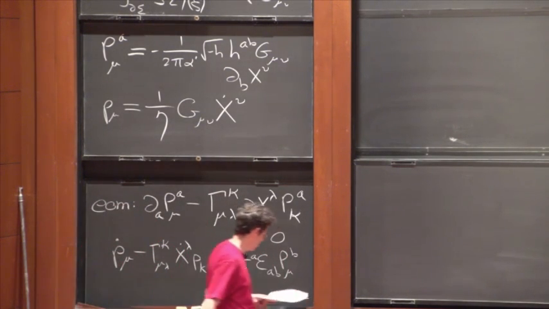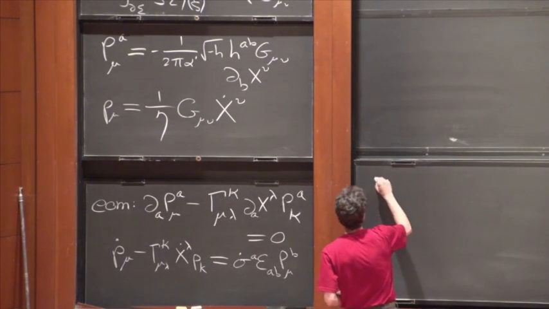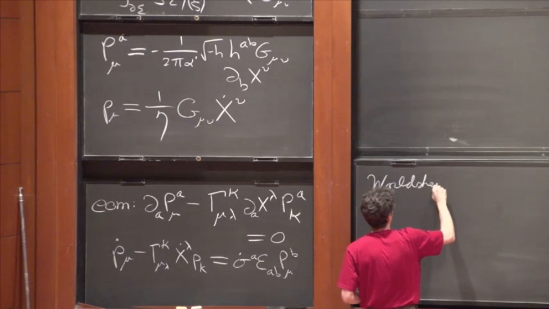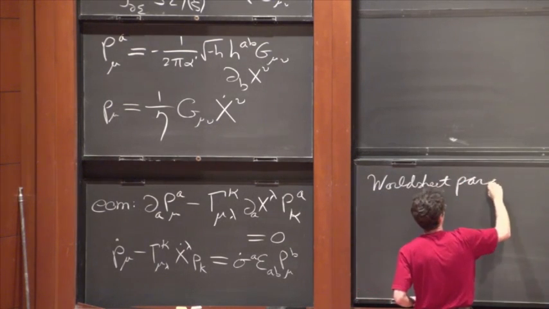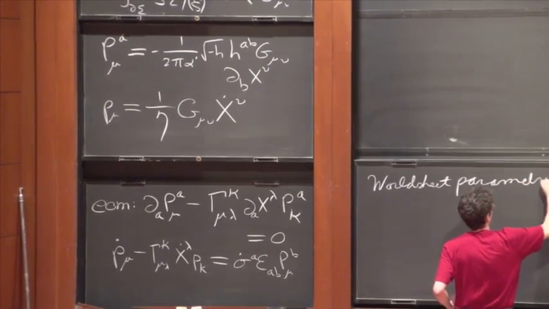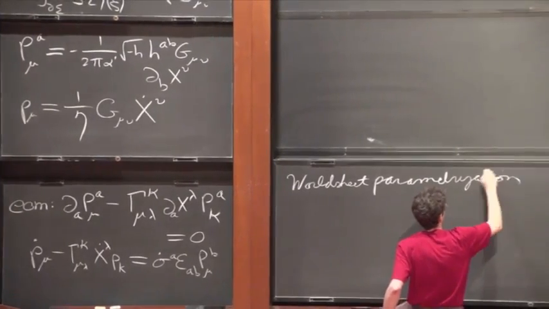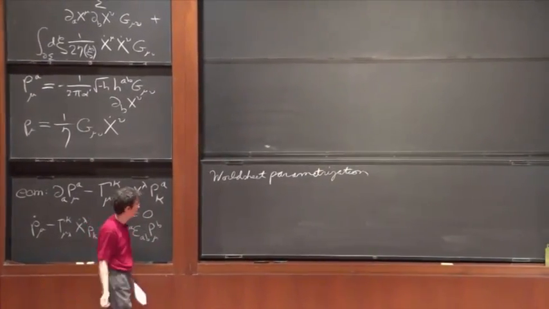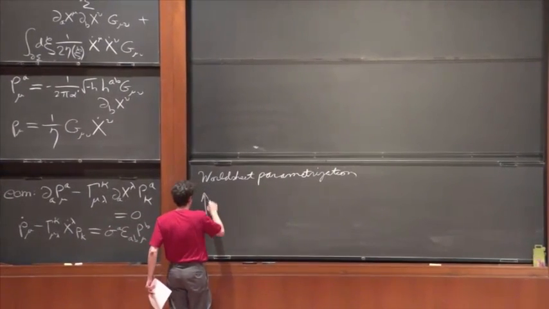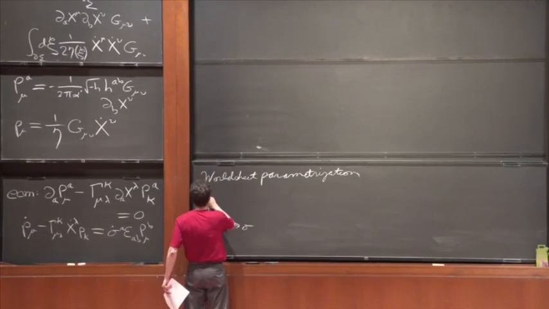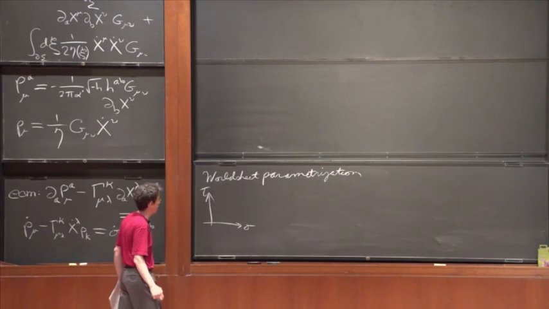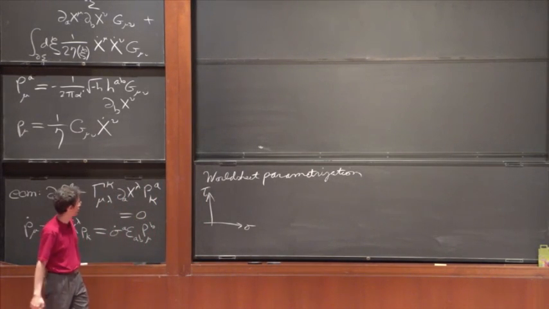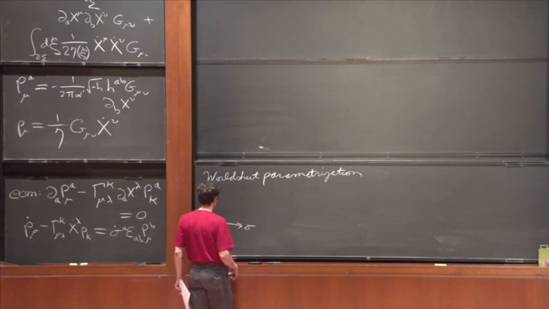And I remind you of one other important point, that the worldsheet parameterization is not to have the sigma coordinate run from 0 to pi. Instead, the tau sigma space itself is going to have a null boundary corresponding to the null boundary of the string in space-time.